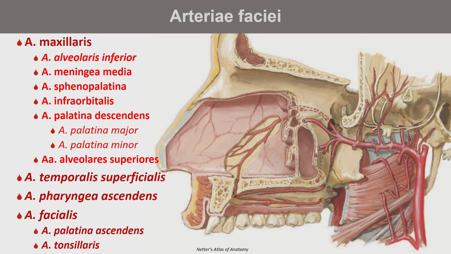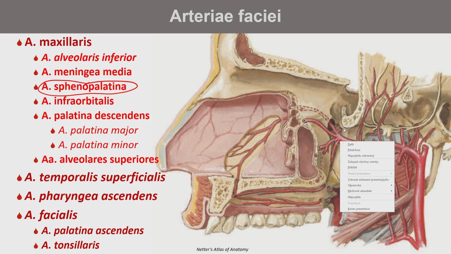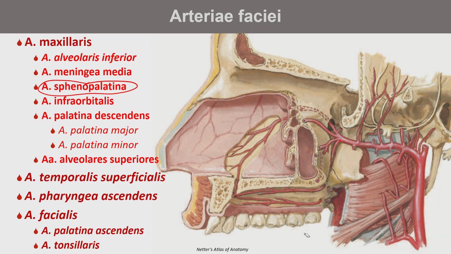So, again talking about sphenopalatina, here we have how it is divided. The terminal maxillary artery is divided into the descending palatine artery, here major palatine, smaller palatine. Then here the infraorbital artery, which is going down and going in the inferior part of the orbit, which is not seen here.